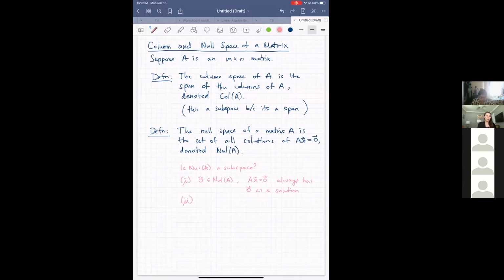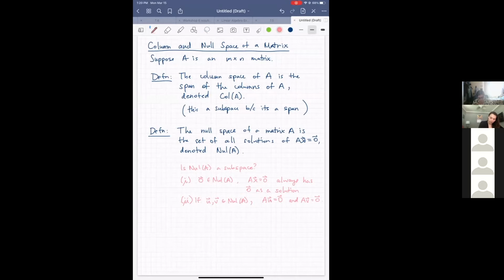Okay. And if we take two vectors u and v in the null space, that means Au = 0 and Av = 0.